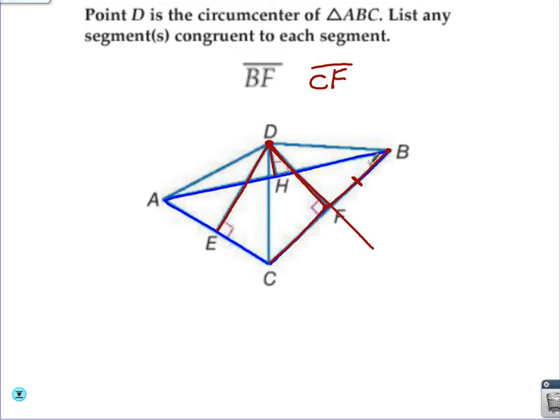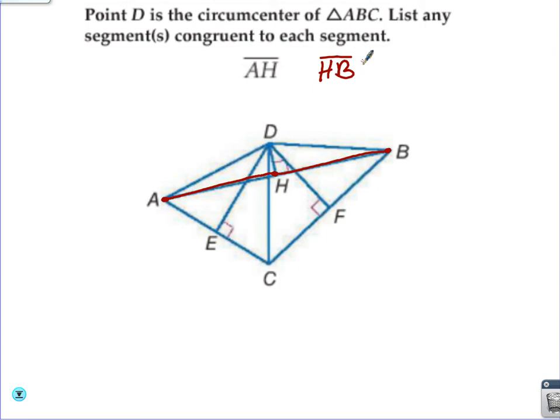This bisects this. It's a perpendicular bisector, so it cuts it perfectly in half. So BF and CF are going to be the same length. Moving on, AH. Kind of goes along with that last problem. Guys, DH is a perpendicular bisector, so AH would have to be the same length as HB or BH.